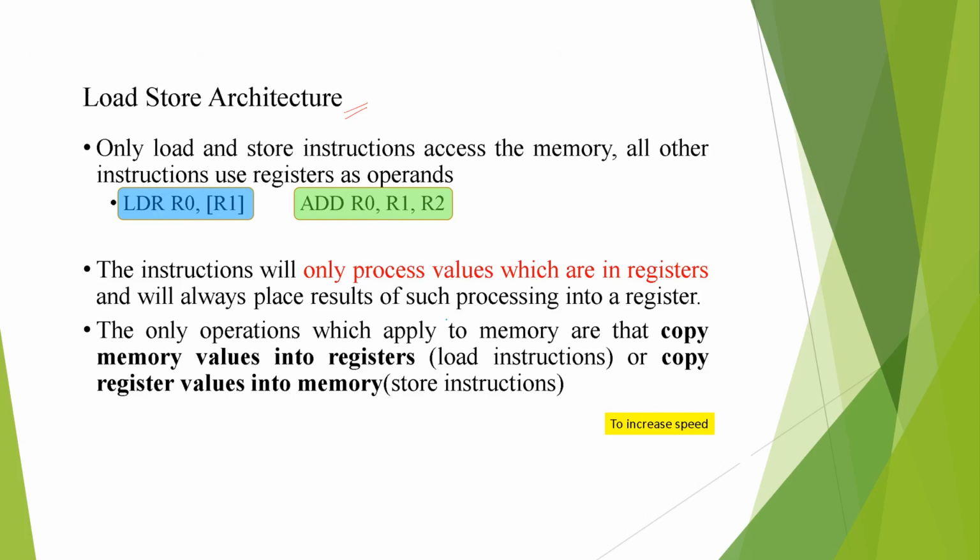The only operations which apply to memory are those that copy memory values into a register, that is load instructions, or copy register values into the memory, that is store instructions. This is one important feature available in the ARM processor. The main purpose is to increase the speed of execution.